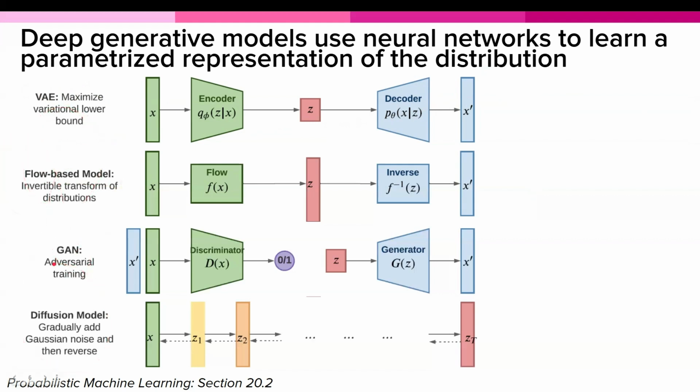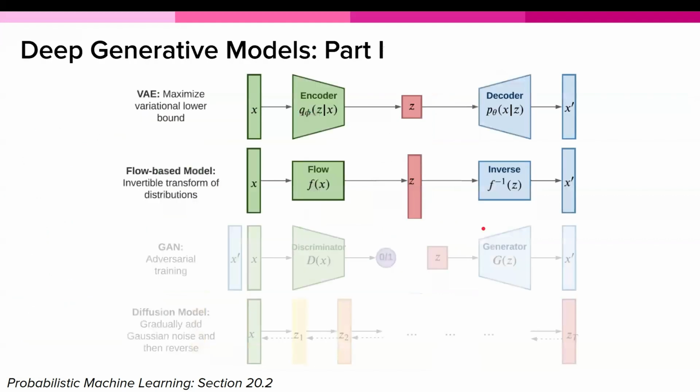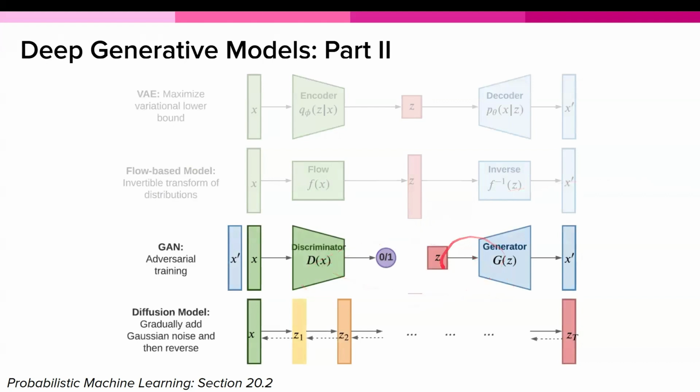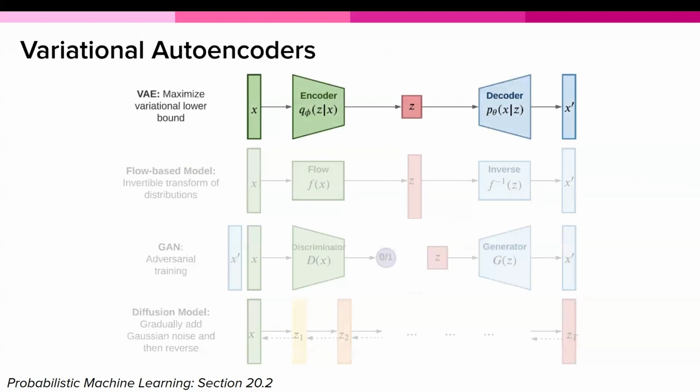And then in the next lecture, we're going to be turning our attention to generative adversarial networks as well as diffusion models. All right, so onward to VAEs and flow-based models. We'll be doing that next lecture. All right, so onward to variational autoencoders.